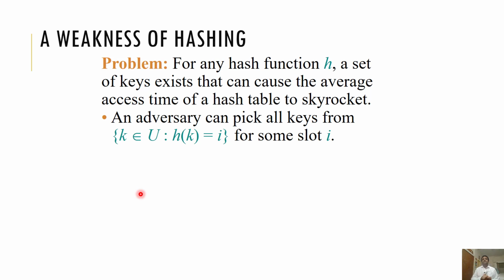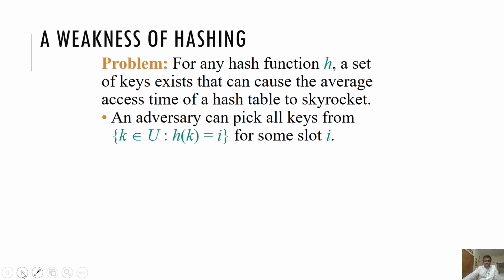To avoid that, if we have a collection of hash functions and we choose the hash function randomly at runtime, then the adversary cannot come up with such a set, because the adversary will not know which hash function will be selected at runtime. It is similar to the randomized version of quicksort, with a random pivot.